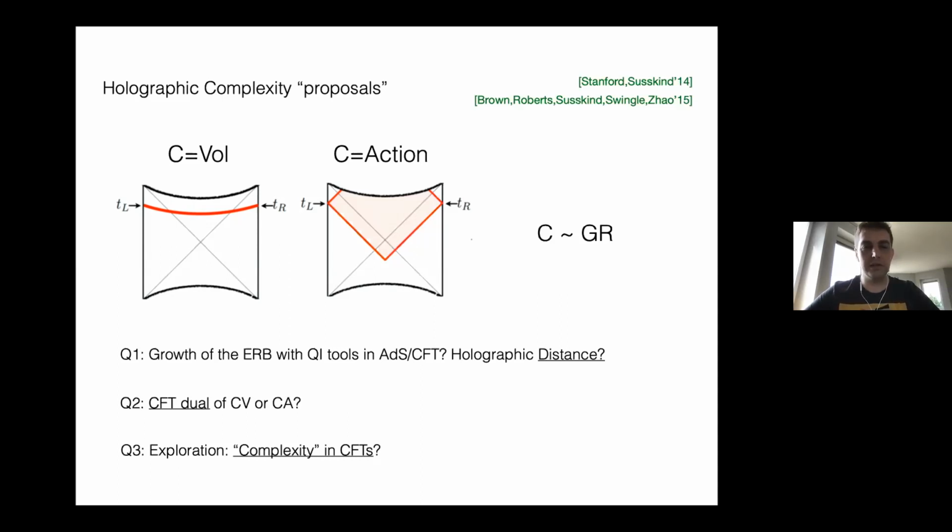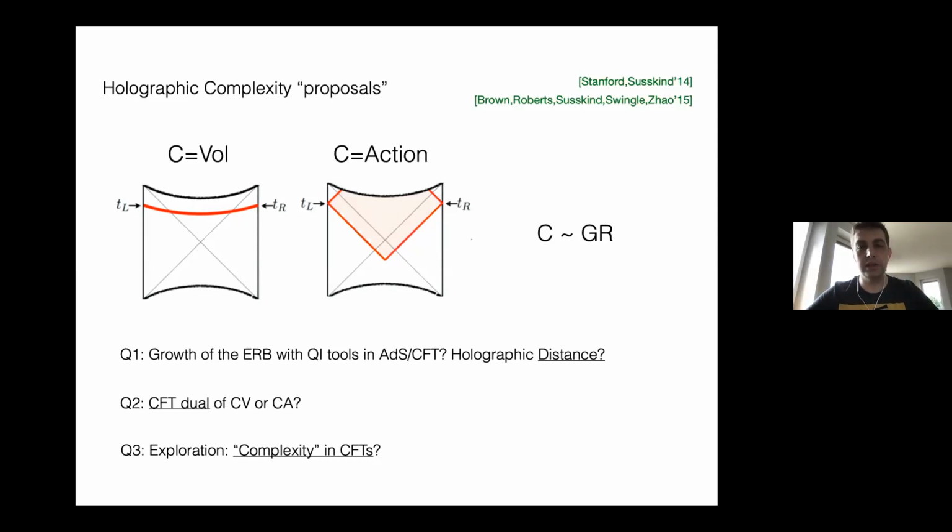One is maybe simple and down to earth, namely, how do we see this growth of the Einstein-Rosen bridge with maybe more standard quantum information tools before going to AdS CFT? Or namely, this calls for a very nice and precise definition of holographic distance that would help us to distinguish between states and should be computed on the gravity side and in the CFT for a longer time.